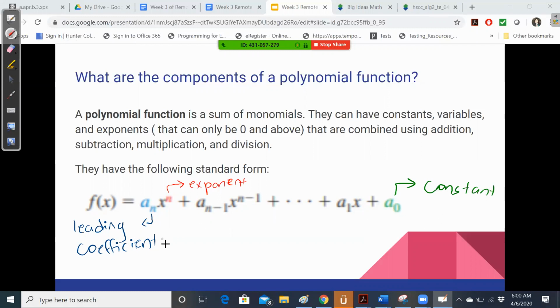All right. So if we were going to look at an example of a polynomial function, it would probably look something like this. You've probably seen this function before.